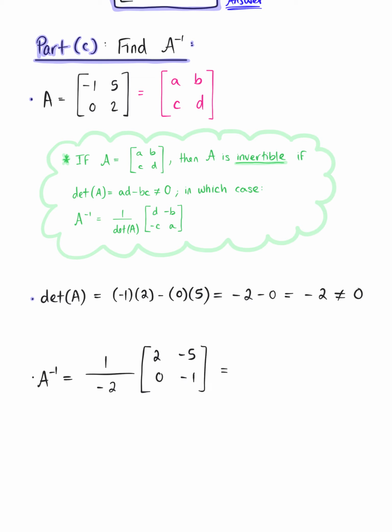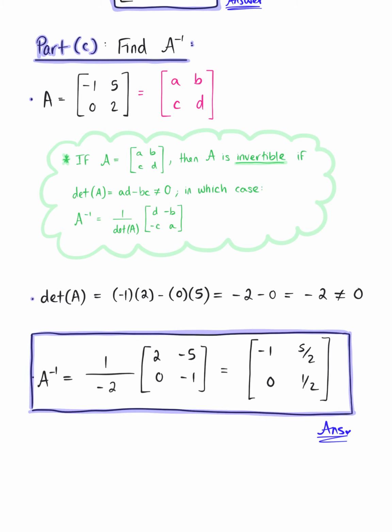And now distributing that scalar multiple of -1/2 through, we are left with 2 divided by -2 leaves us with -1. -5 divided by -2 leaves us with 5/2. 0 divided by -2 is 0. And then -1 divided by -2 leaves us with 1/2. So there you have it. The inverse of matrix A is the 2 by 2 matrix -1, 5/2, 0, 1/2.